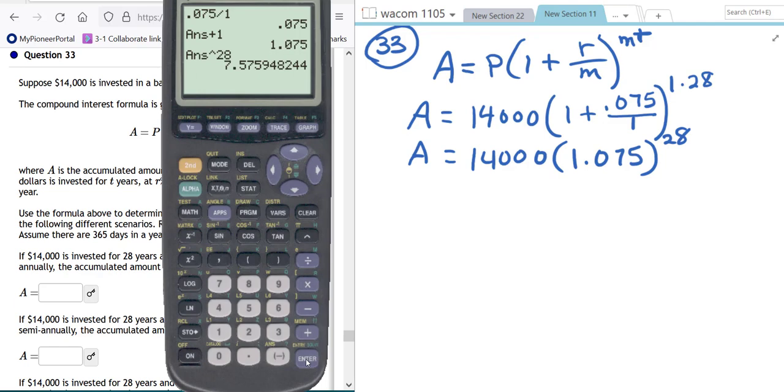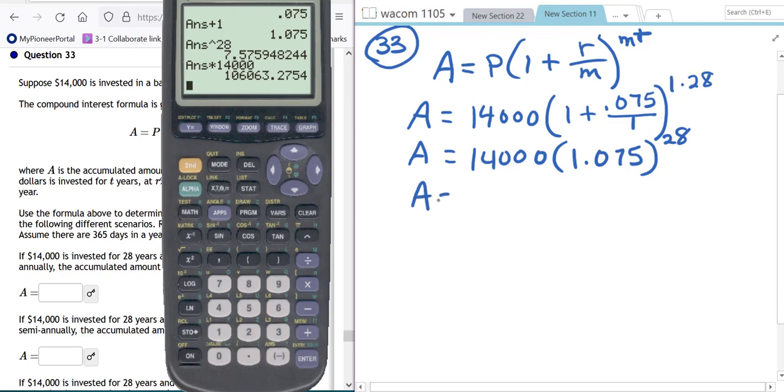Right. Then I'm going to multiply by 14,000. And this gives me 106,000. And you might think, oh, no, that's a lot. That must be wrong. But it was 28 years.